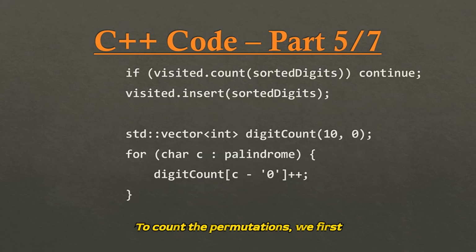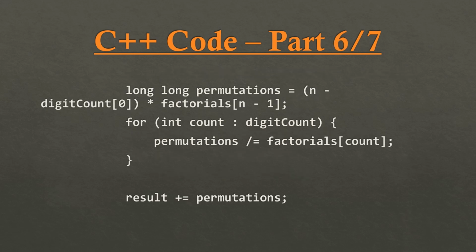To count the permutations, we first create a frequency vector for the digits in the palindrome. This allows us to apply the permutations formula with repeated digits and to consider the impact of leading zeros. Now we compute the total number of valid permutations. We start with the factorial of n, then divide by the factorial of the frequency of each digit to account for repetitions.